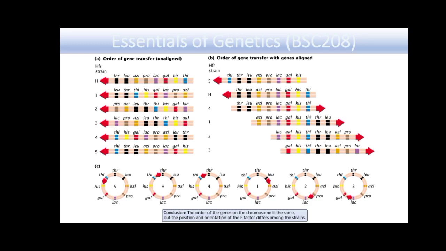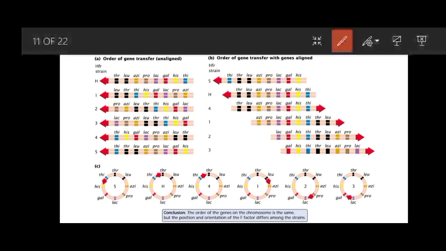So as we can see in this figure, in the first figure, the order of the gene transfer is given, and it is unaligned, and it is based on the orientation of the F factor. So after the F factor in strain H, threonine gene is present.